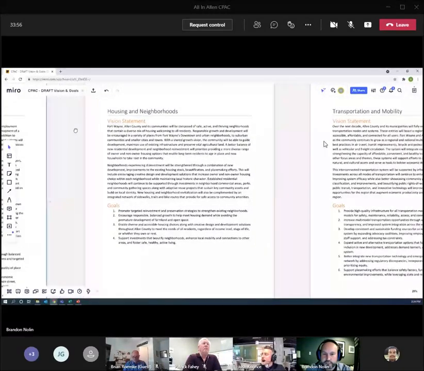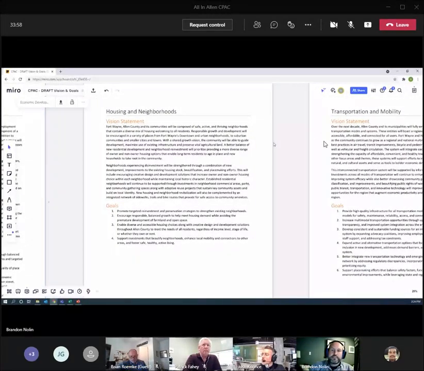Housing and neighborhoods was the next group. And again, this is a group I led engagement with, but here we're talking about responsible growth and development and encouraging a variety of housing types. So looking at maximizing use of existing infrastructure, preserving vital agricultural areas, so that balance between growth, development and expansion.